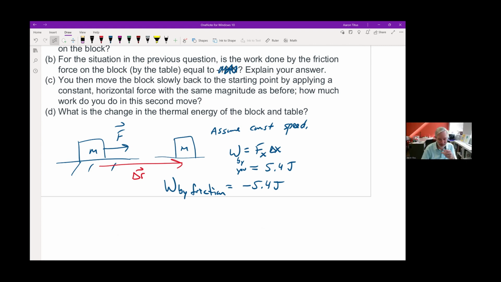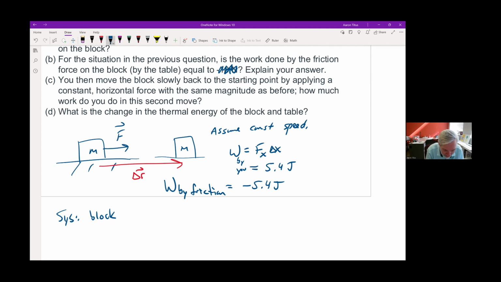So we have to take into account both the table and the block heating up, and that's the complication. If our system is the block, it is impossible for this to happen without the block warming. It has to warm it. Whenever there's friction, there's warming.